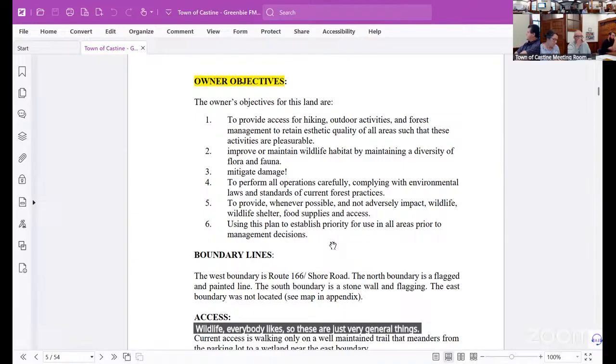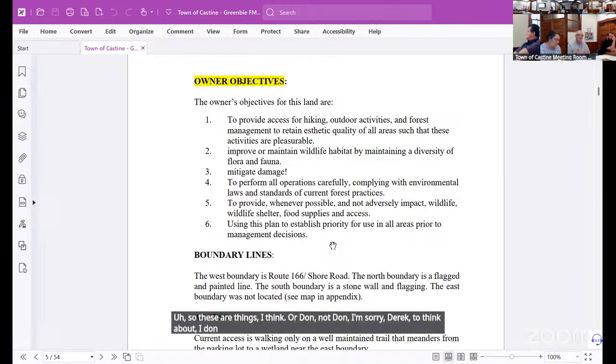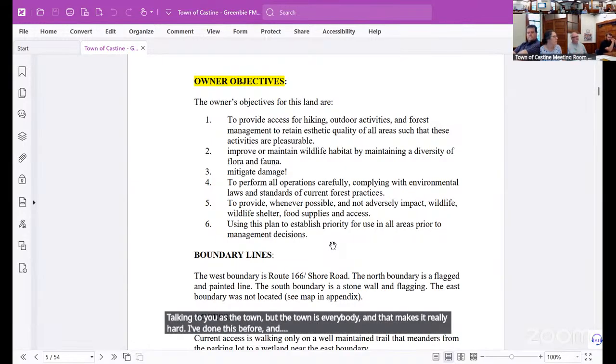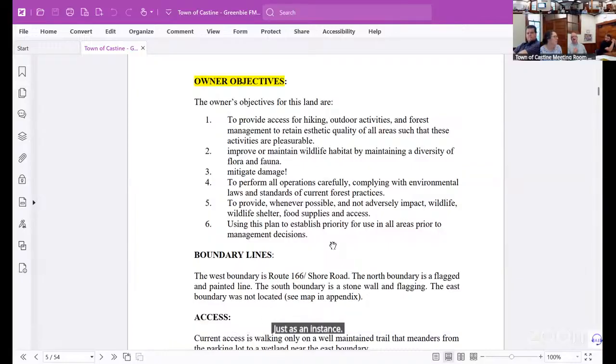Then later on, so these are things I think, or I'm sorry, Derek, to think about. I don't know what the town wants, but eventually when we get to a final, we're going to have to narrow it down, maybe in the order of what the town might want. I realize talking to you as the town, but the town is everybody, and that makes it really hard. I've done this before, and just as an instance, I did a job where the client was the parents originally 30 years ago.